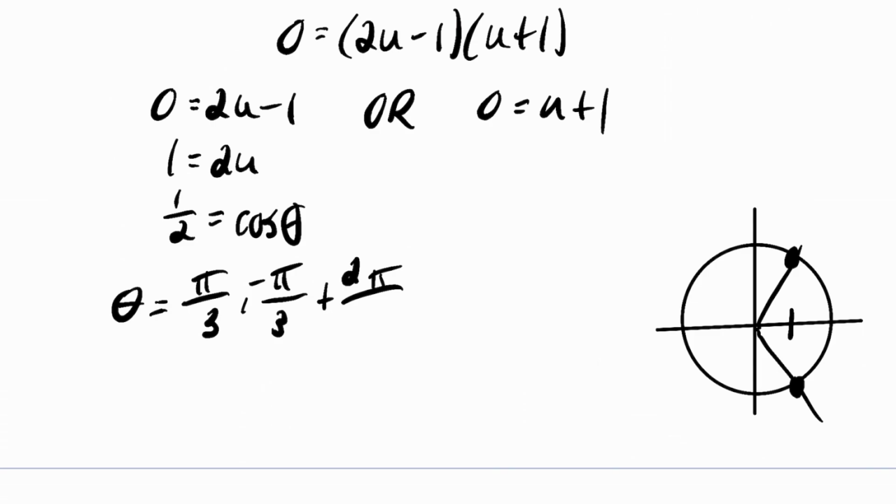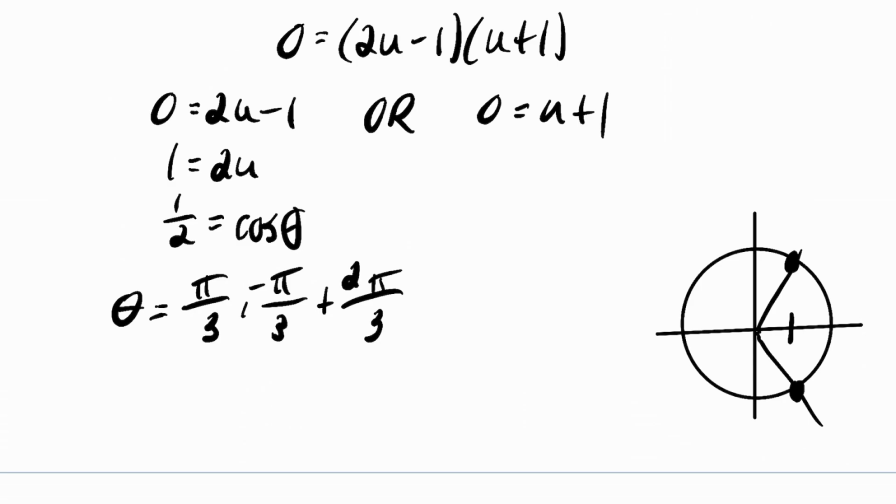Oops, 2 pi, just 2 pi, not a fraction. But really, if I wanted 6 pi over 3, right? So this is the same as having pi over 3 and 5 pi over 3. Okay, so that's that branch of the problem done.